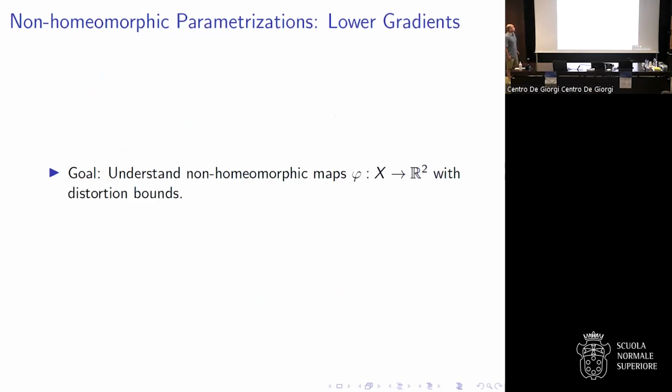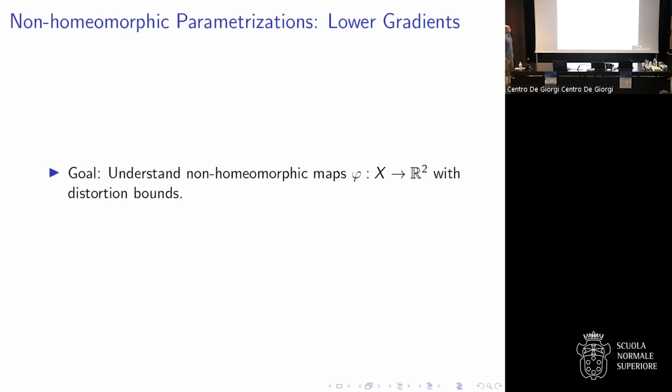Instead, let me discuss some recent joint work with Damaris Meier. So what we are doing here is we are trying to understand, again, maps with distortion bounds like quasi-conformal maps, but without assuming that they are homeomorphisms. So complex analytic functions and things like that.